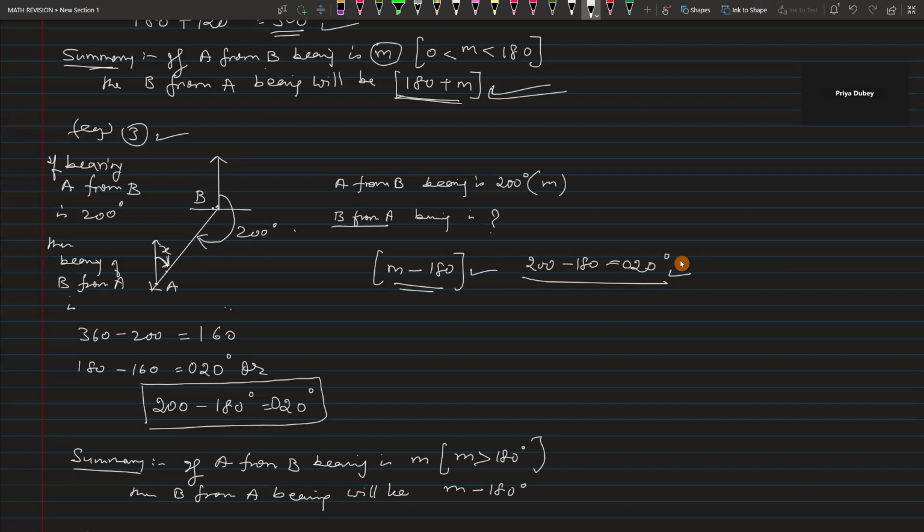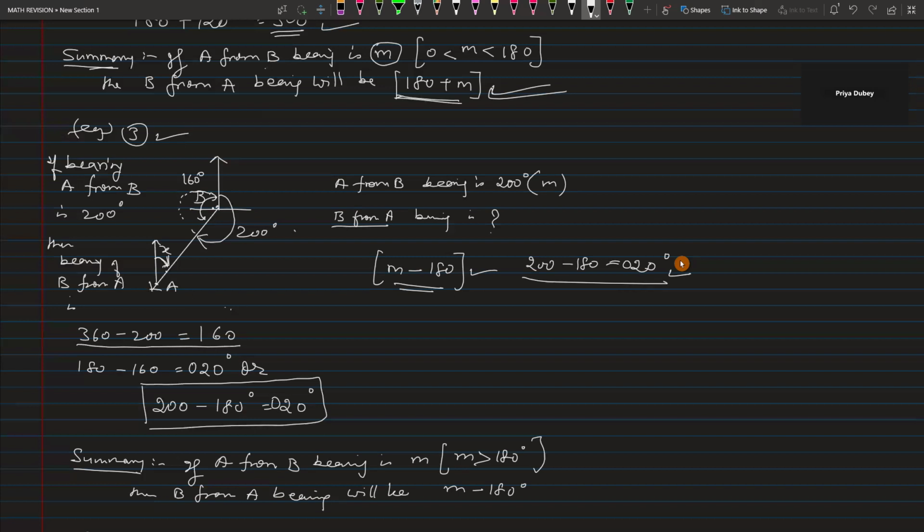Now, can you see this is 200. The full angle completes 360, so this will be 360 minus 200, which is 160. So this angle I'm getting as 160. Understood? Then again, between two parallel lines, there is a transversal AB. Then these are the two co-interior angles.